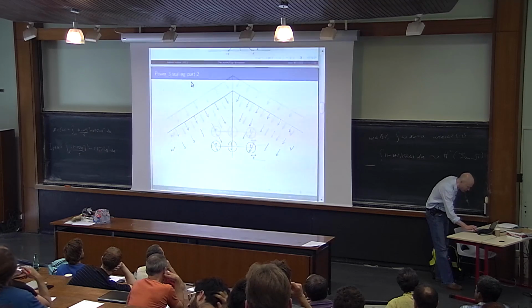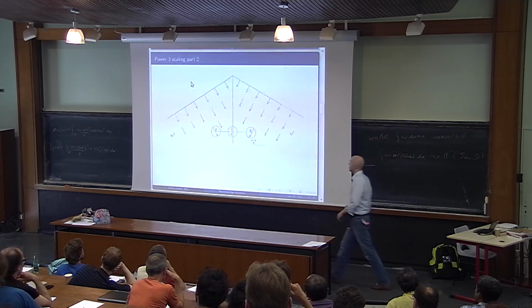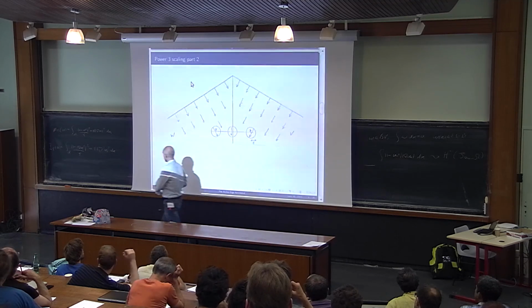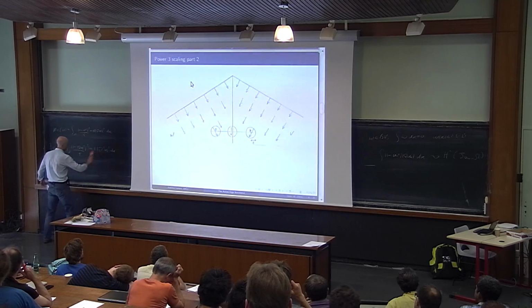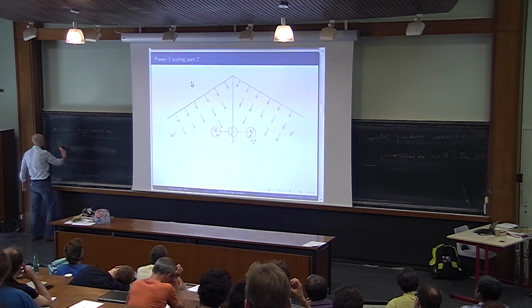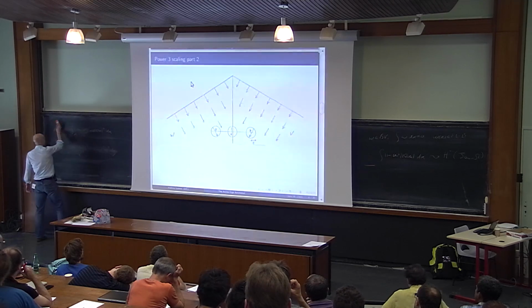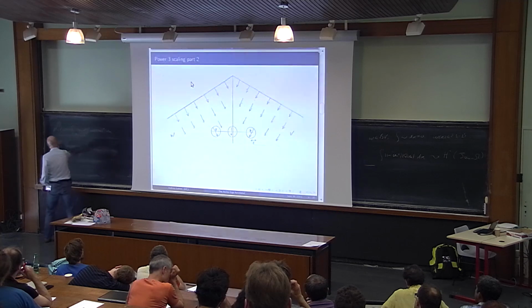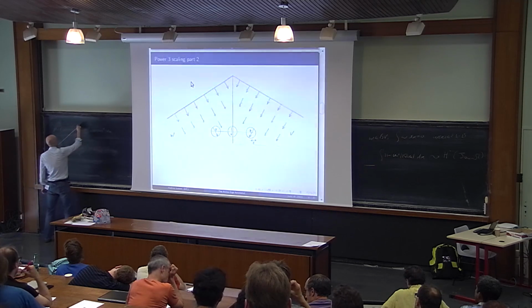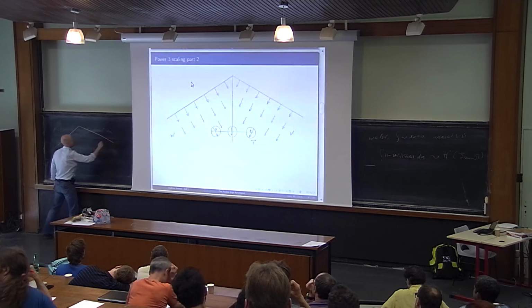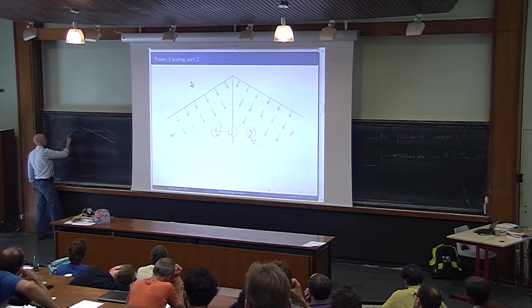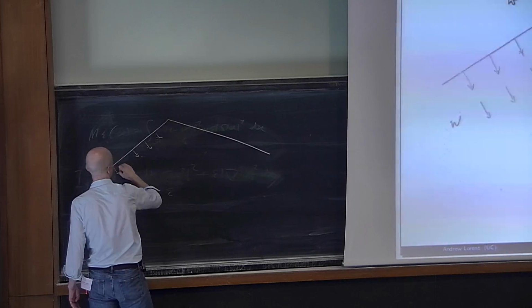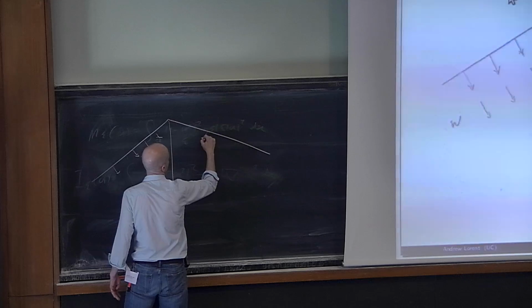So let me go to this example. I'm going to draw this anyway. I'll give you pictures in case my drawings are incomprehensible, but I'd rather draw it also. So suppose we have a domain that looks like this, and we have gradients pointing inwards like this, and pointing inwards like this.